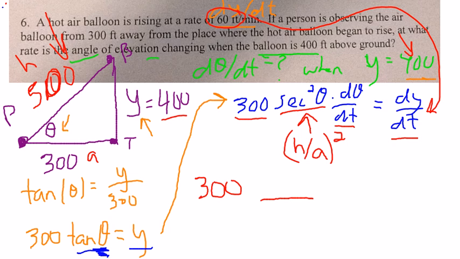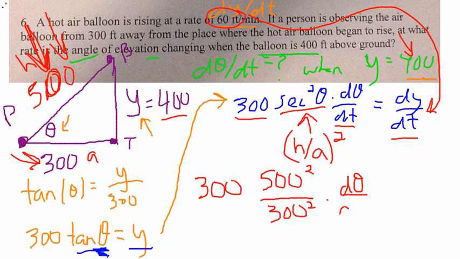In the top, I get 500. In the bottom, I get 300. And they both need to be squared. That's times d theta dt, which is what I'm looking for, and it's equal to dy dt. dy dt, remember, is 60.